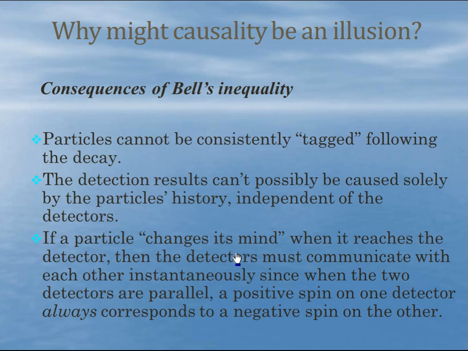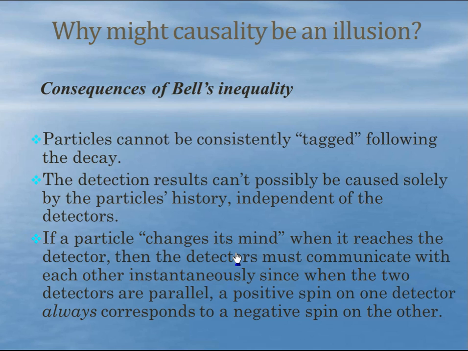The usual way to accommodate this difficulty is to say quantum mechanics is mysterious, we don't understand what's going on, we just have to accept it. But I would like to point out that if you jettison the idea of causality, the idea that the particle goes off and the subsequent history of the particle is determined by its past, then there's no problem at all.